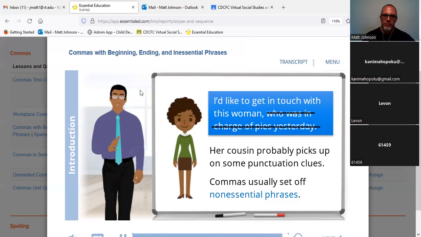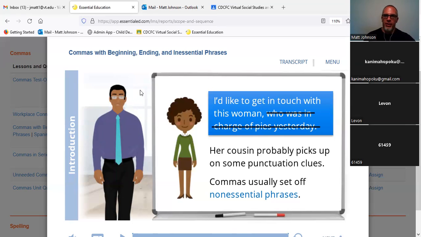Here, let me show you more about commas. Right. So in this idea here, setting off inessential phrases. We talked about this some, like an interrupting phrase. Does the idea in the sentence change with or without that information?